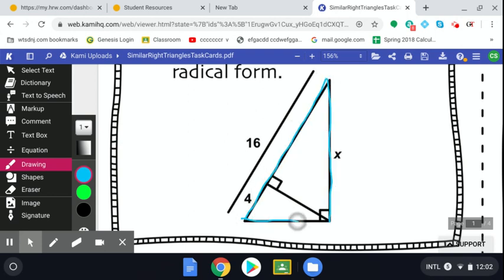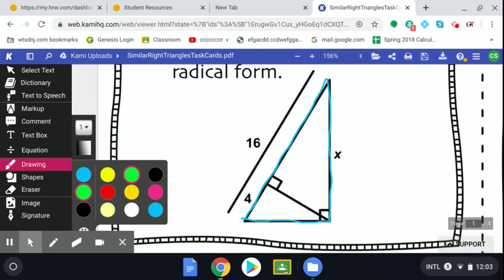And then I also have a second triangle that is, pick red, this one. And then the smallest triangle of all, which should be this one. Okay. All right. So in order for me to find x, I am going to set proportions.